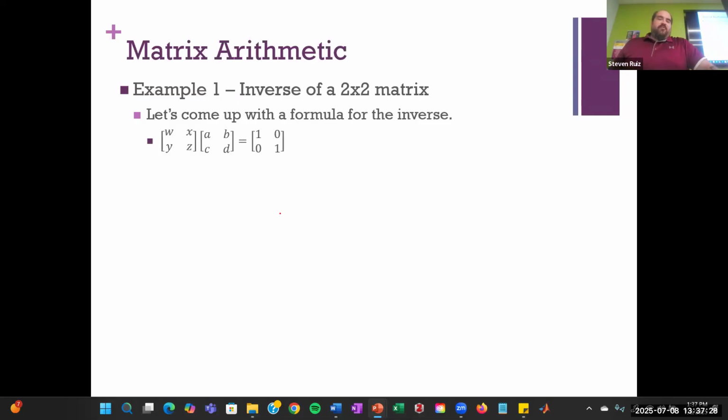So I want to come up with a formula for the inverse here. So I want to solve for this W, X, Y, and Z. Basically what I'm saying is this: A is equal to A, B, C, D. And when I multiply from the left by this W, X, Y, Z matrix, I get 1, 0, 0, 1.